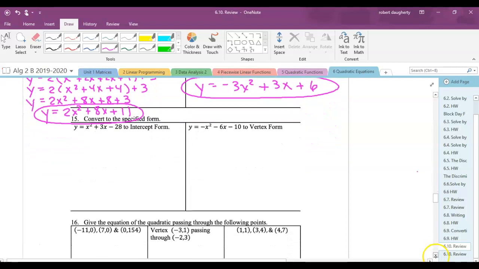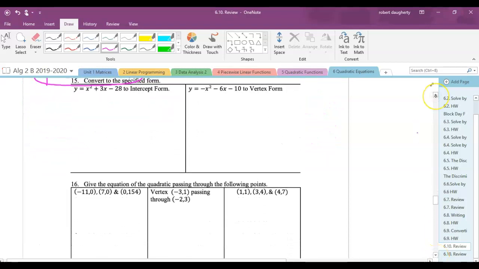Convert to intercept form. To convert to intercept form, remember intercept form is y equals a(x minus p)(x minus q). That means get it into factored form. That's begging you to factor this. So I need two numbers that multiply to negative 28 and add to 3.